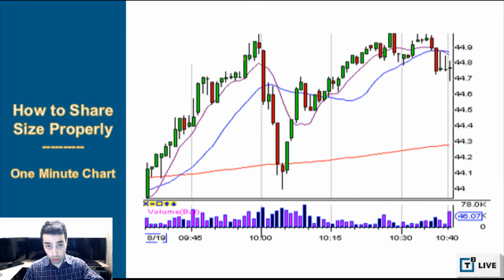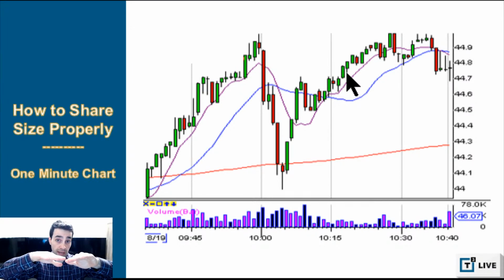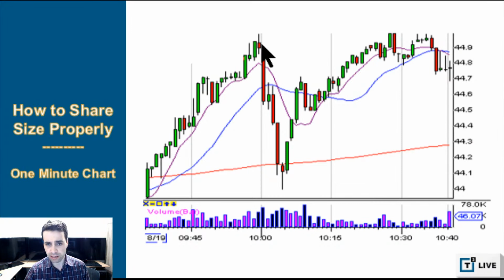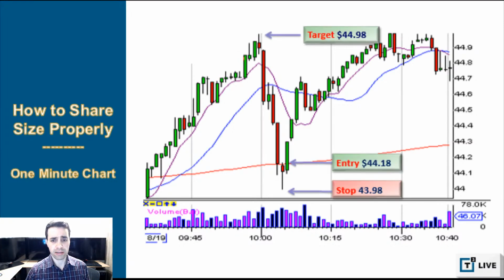But if you wanted to take a play that came from a V top, then the top of that V is usually your target. If the pullback started from a rounding top or a square top, then the bottom of the base is usually the target. In this case, as we can see, it came from a V top. Okay. So here's the entry, stop, and target, just like we said.